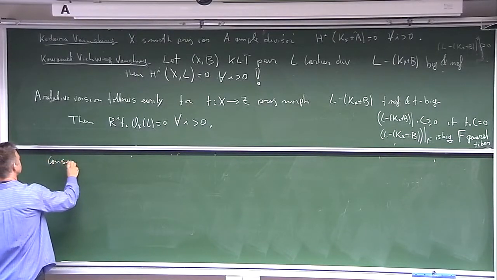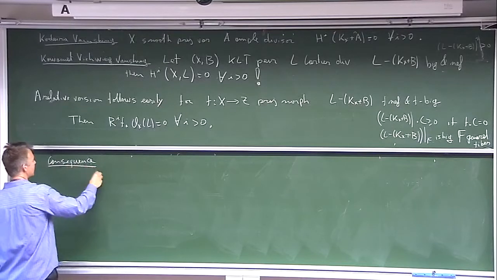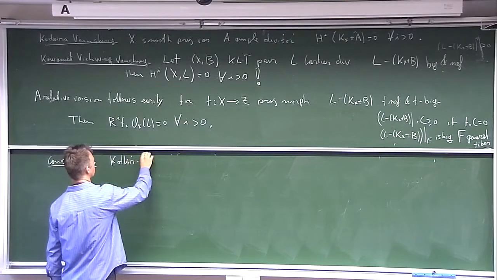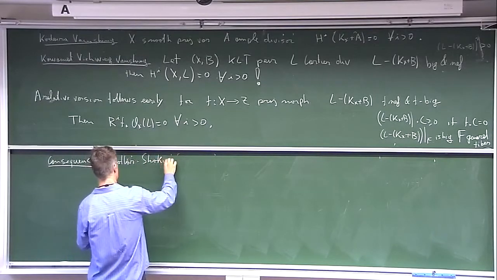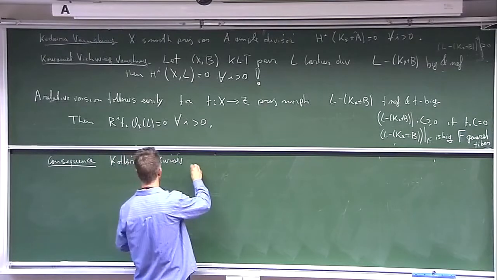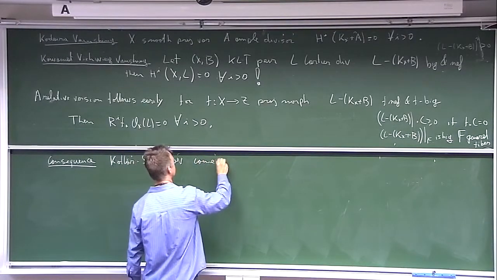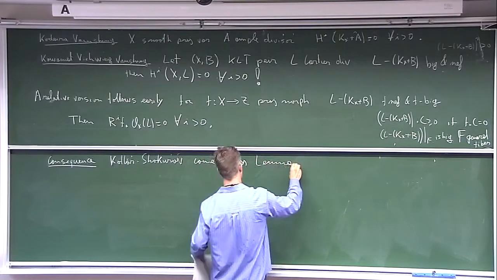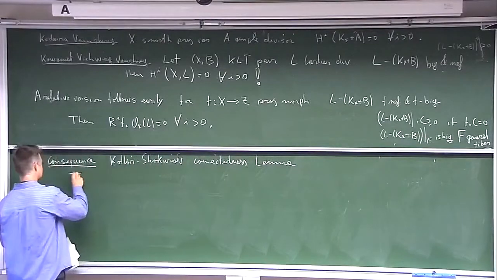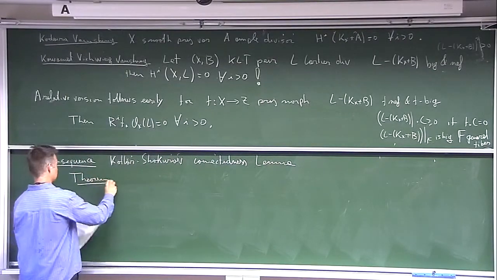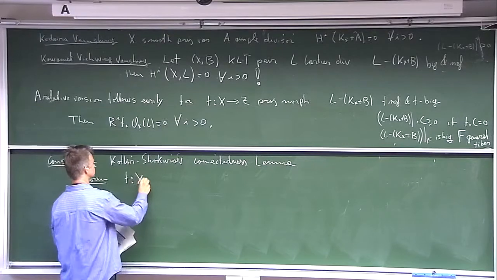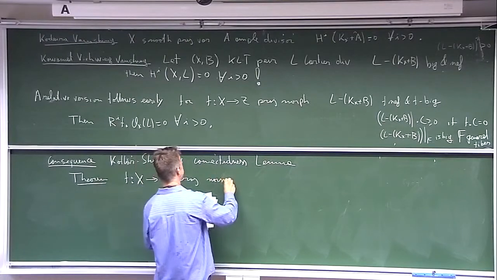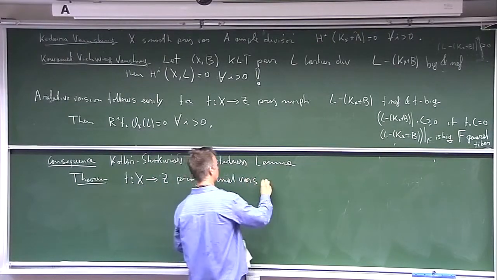There's a consequence of Kawamata-Viehweg vanishing, which is known as the Kollár-Shokurov connectedness lemma. So let's state it as a theorem. Let f from X to Z be a proper, let's just say projective, morphism of normal varieties with connected fibers.